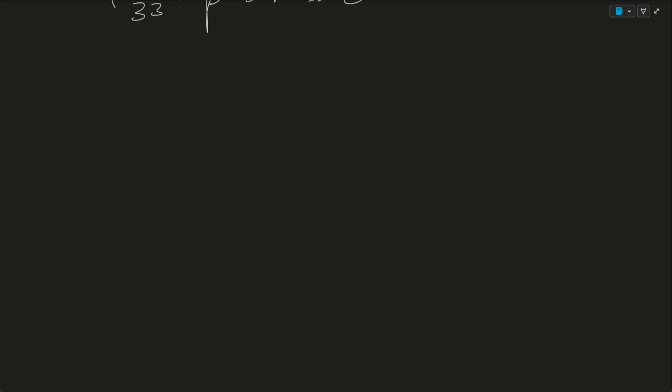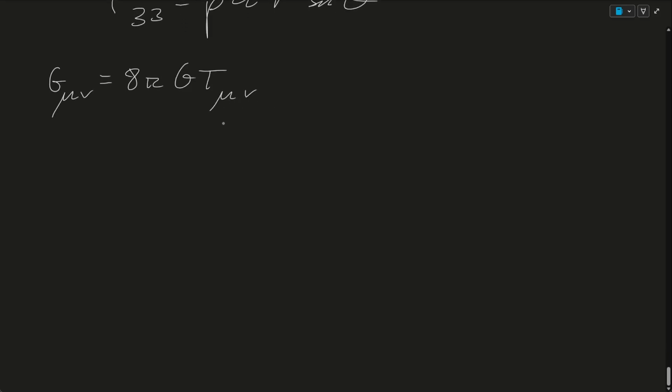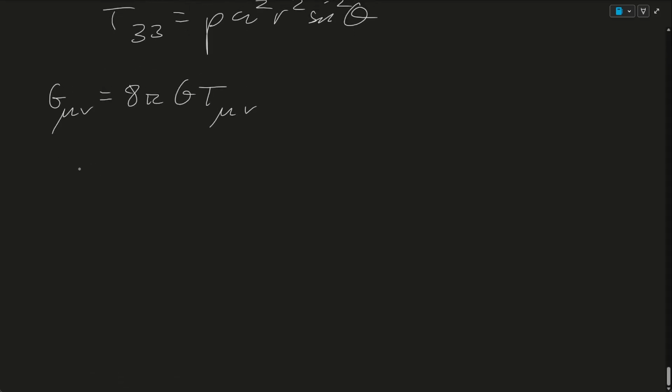Right. Anyway, so we've got a load of stuff, and we can start using it, and we'll use it in the Einstein field equation, which is G mu nu equals 8 pi G T mu nu. I have a video on this, and if you're interested, you should definitely go and watch it.